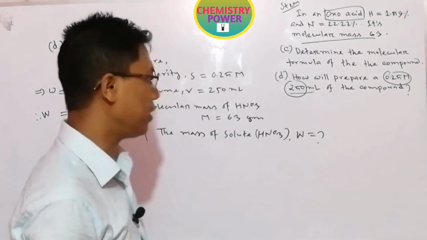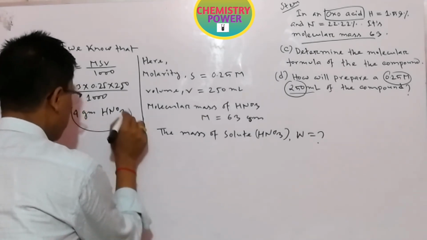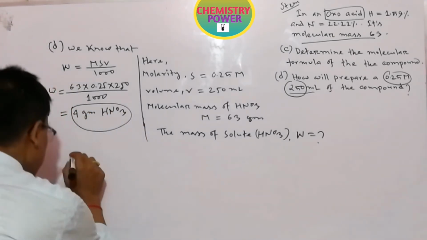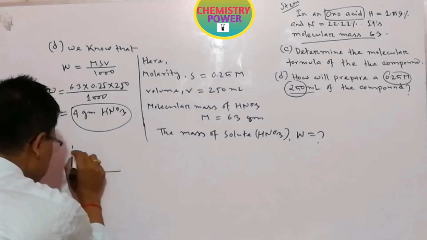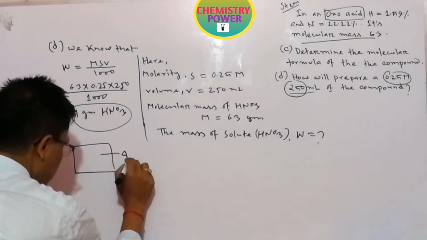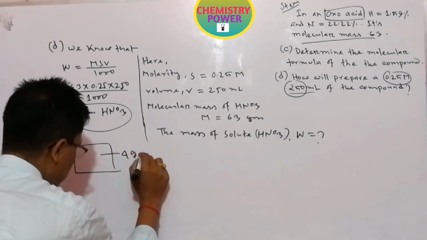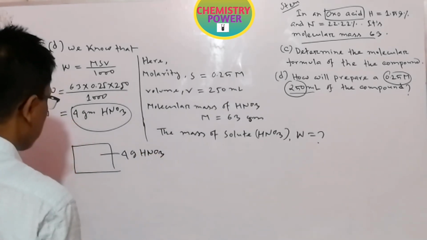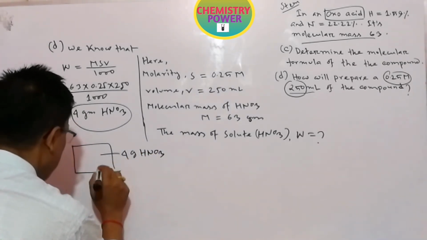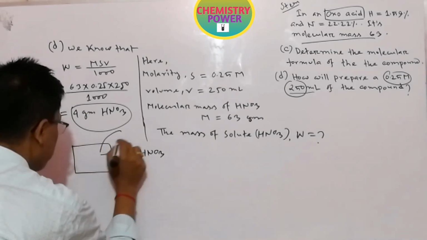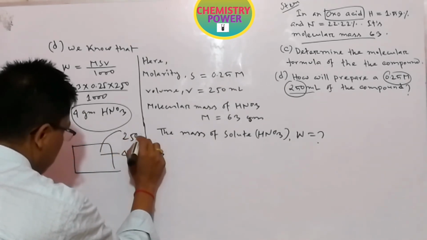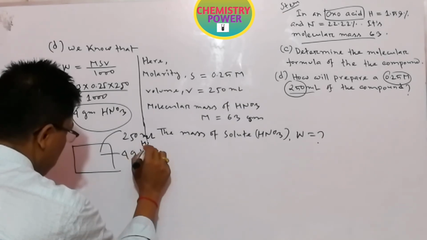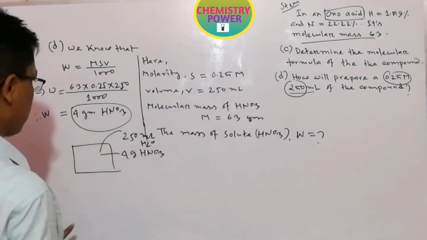In this case, this amount is taken in a beaker. Then you have to add 250 ml water.